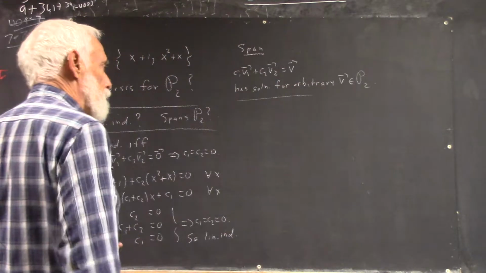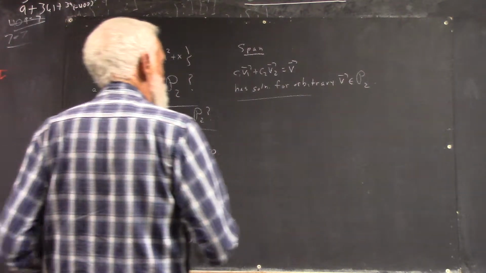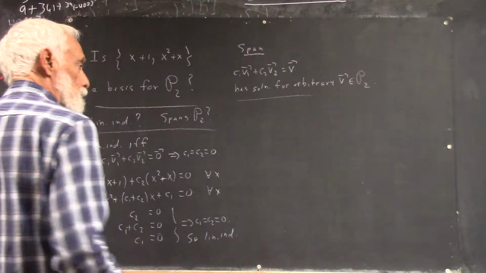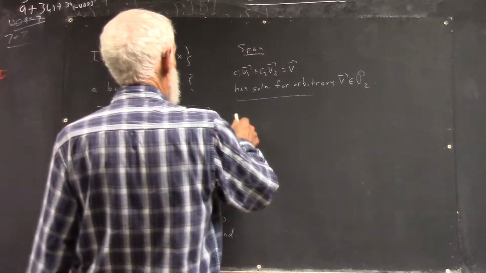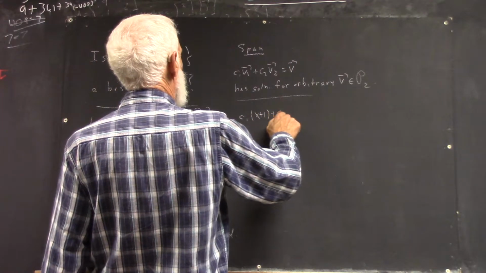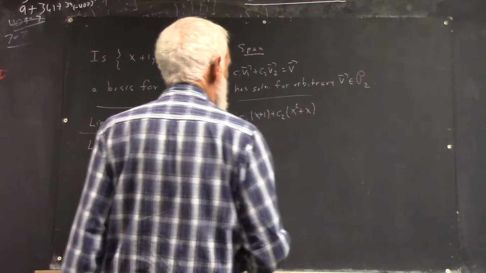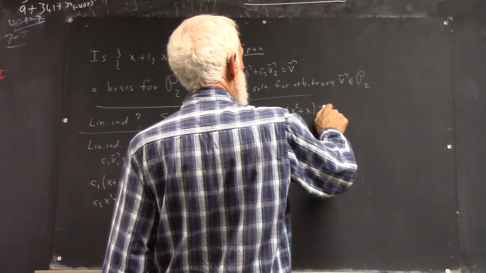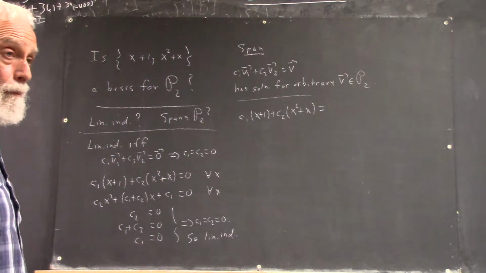So, you have this. How does this look for this basis and this space? Well, it says C1 times x plus 1 plus C2 times x squared plus x equals an arbitrary vector in P2.